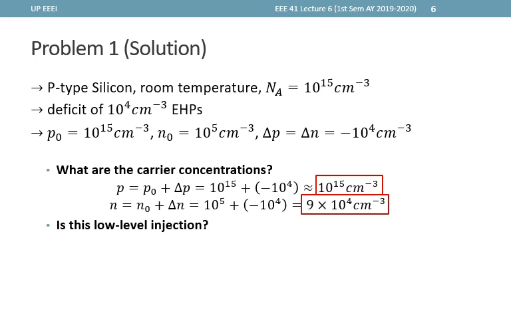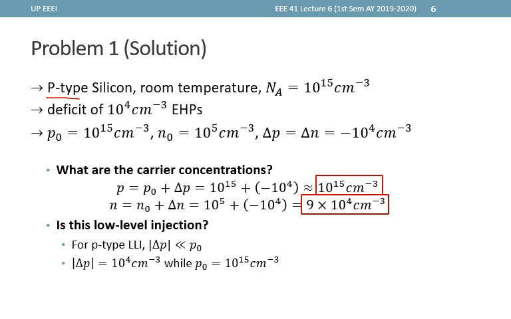So the next question, is this low-level injection? Now, we need to be clear that for this problem, we are considering a p-type material, and for low-level injection, we have defined it as the scenario where the majority carrier concentration is not perturbed significantly. Thus, for p-type, the absolute value of delta p must be much less than p naught, and we have delta p to be equal to negative 10 to the 4.